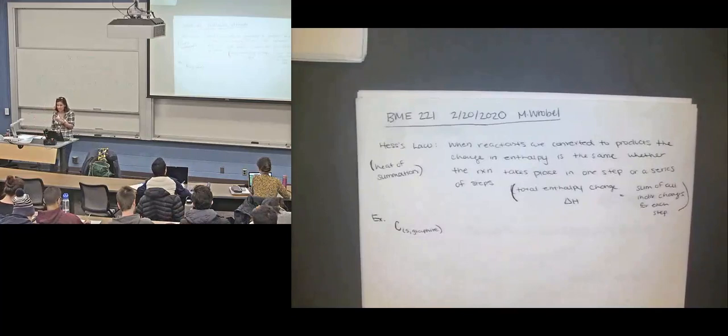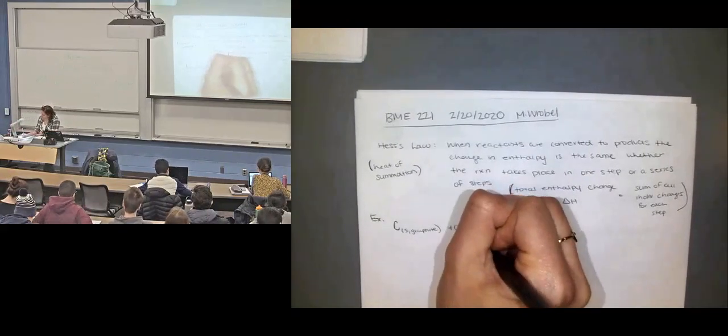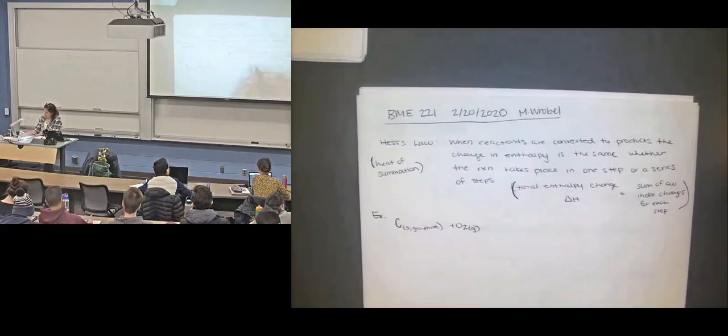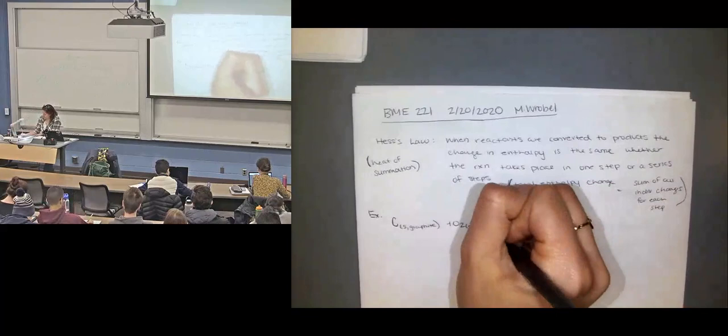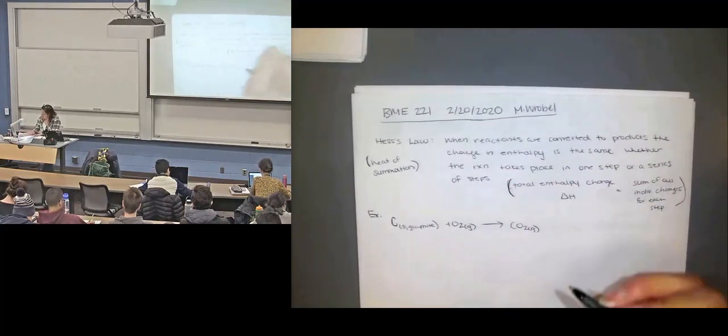Who knows what graphene is? It's just one sheet of graphite, one layer. And then you can roll it up into tubes, or it does a lot of fancy stuff. All right, plus I have some oxygen here. So this is combustion, and I'm going to make carbon dioxide gas.